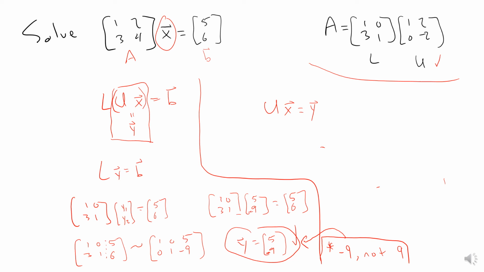So now we've got this equation, [1, 2; 0, -2] times x equals y, which is (5, 9).